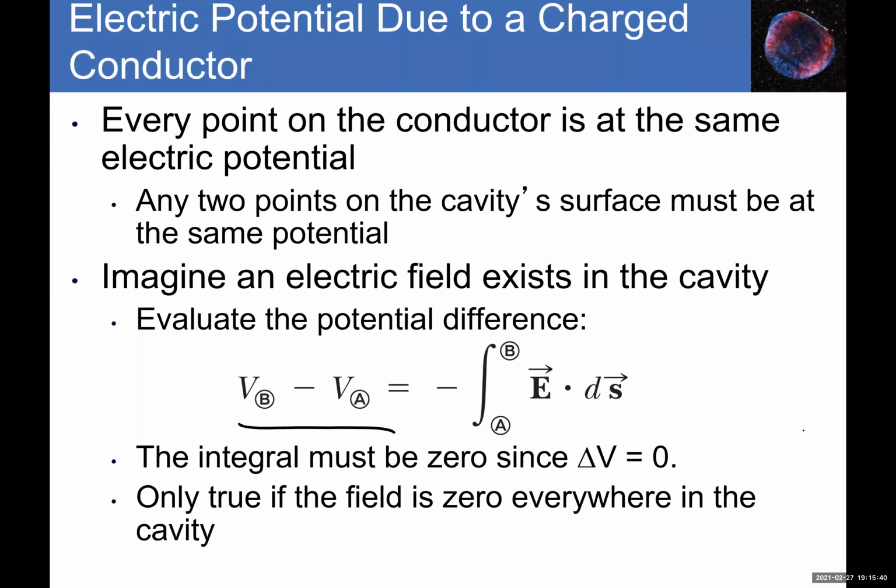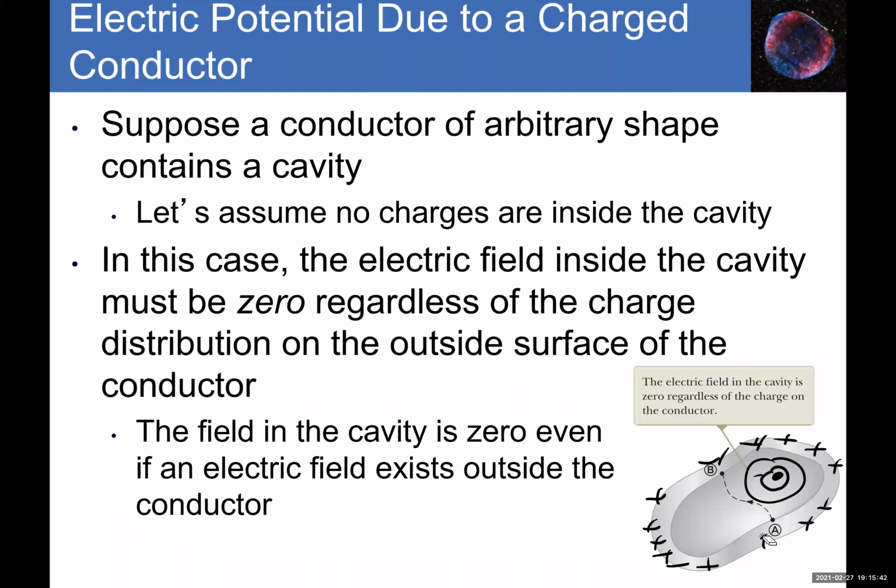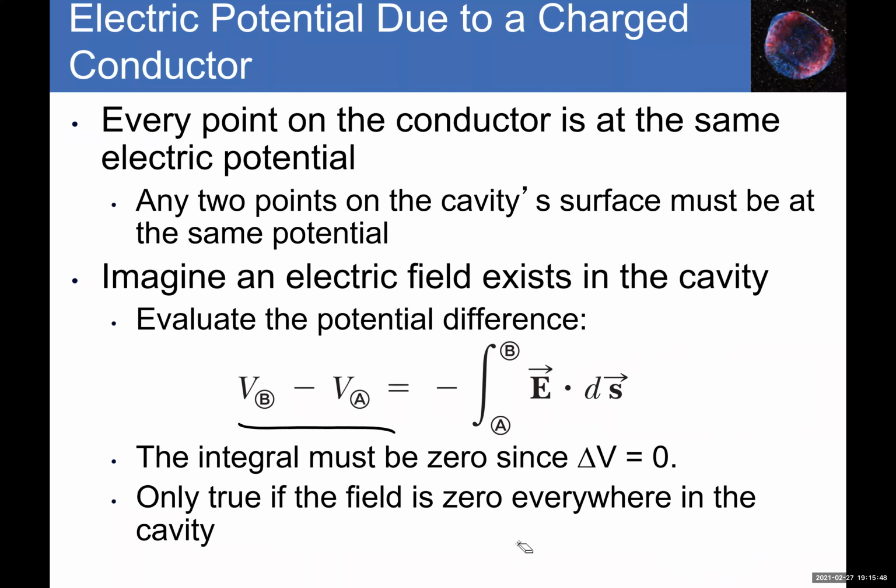If those are the two points of interest, A and B, then the integral must be zero, since delta V equals zero, because the potential difference is exactly the same for point A and point B, because it's the same surface. That means we can conclude that there is no electric field inside. This is only true if the field is zero everywhere in the cavity. All right.